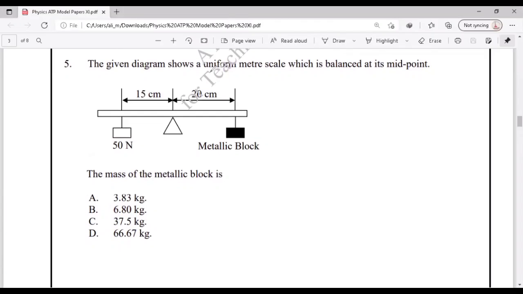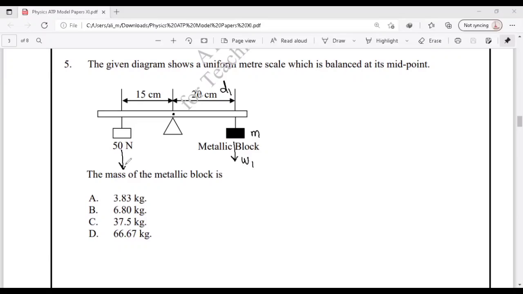Then we have question number 5, and the diagram shows a uniform meter scale which is balanced at midpoint. So this is the midpoint, and we have to find the mass of this metallic block. Let's say the weight of this block is W1 and the distance is D1.